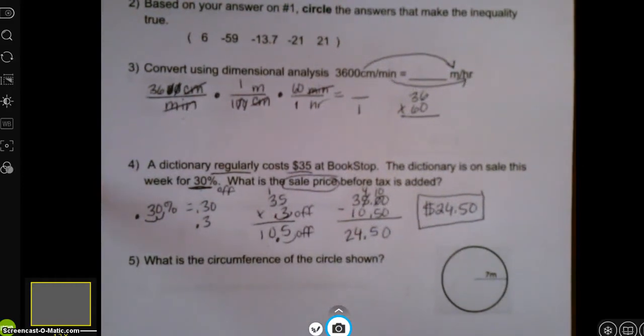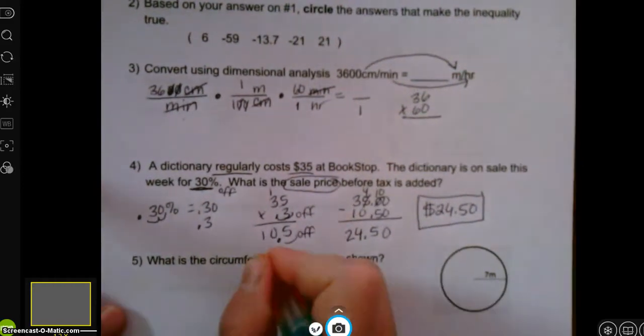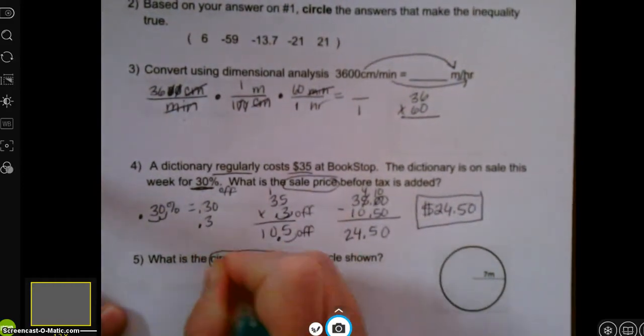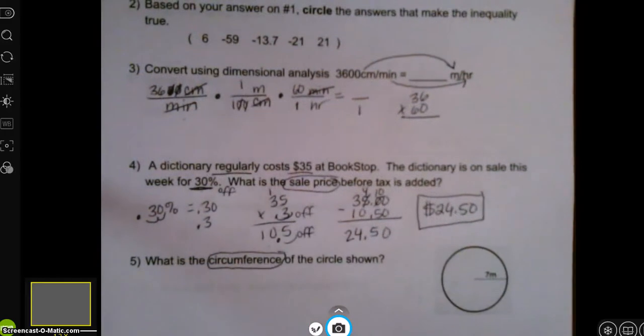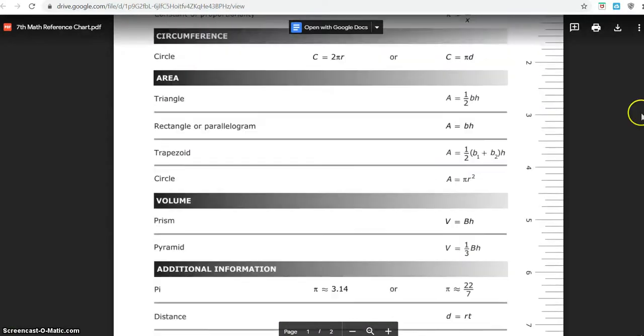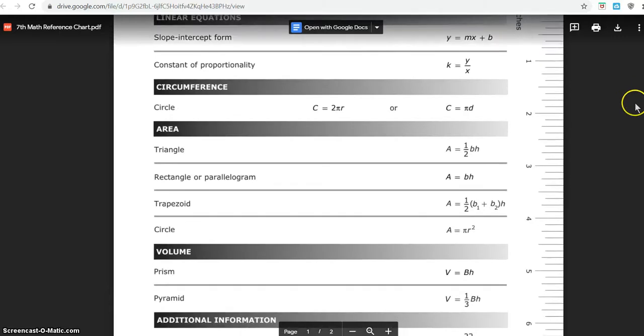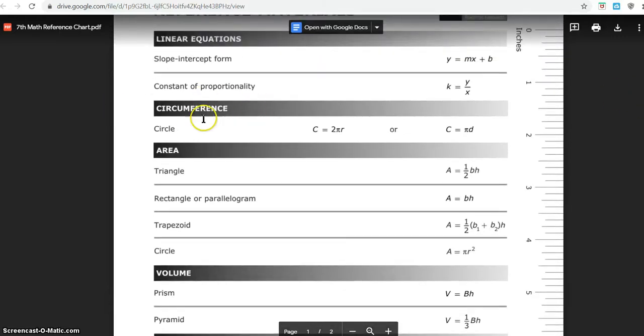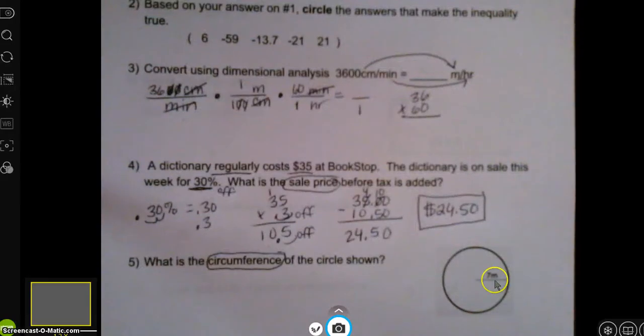Number 5 says, what is the circumference? Okay. Please, every time you see that word circumference, or if you see area, again, go back to your formula chart. Right here, we have two formulas. Okay, so I'm going to go back here, and I need to figure out what this is right here because there's two formulas.